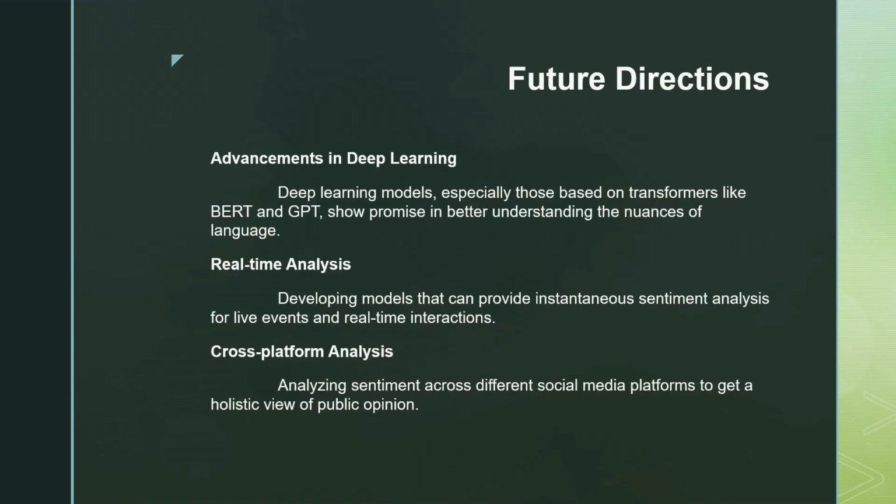Future directions. It can be used in advancements in deep learning, as deep learning models, especially those based on transformers like BERT and GPT, show promise in better understanding the nuances of language.